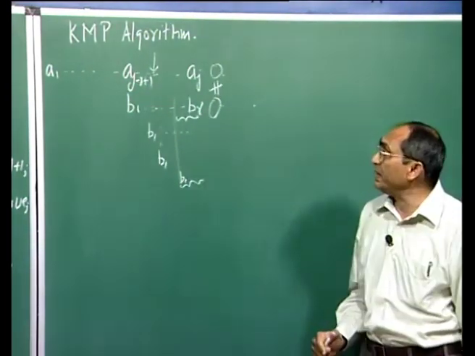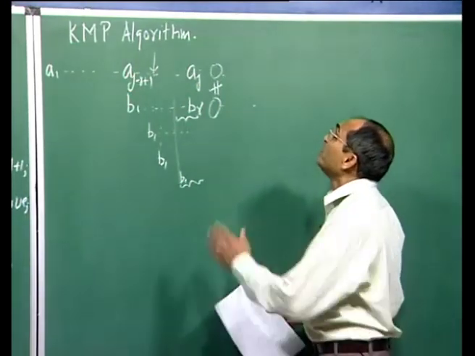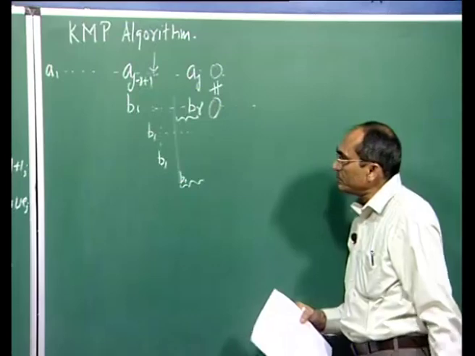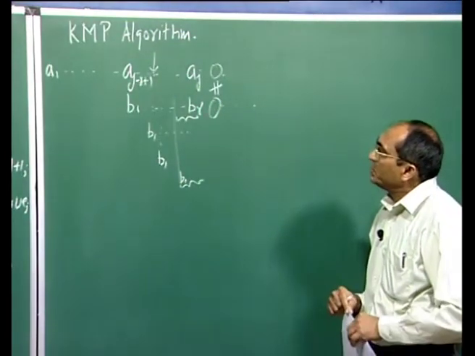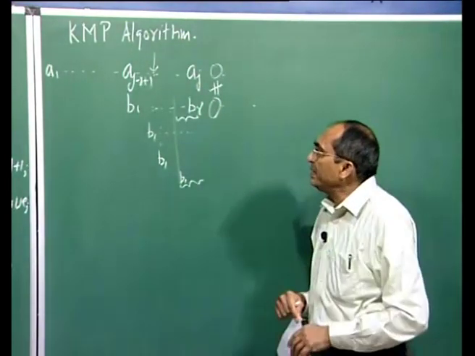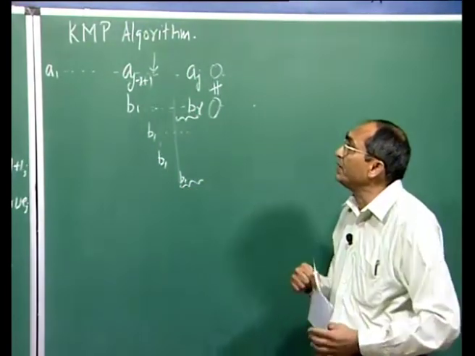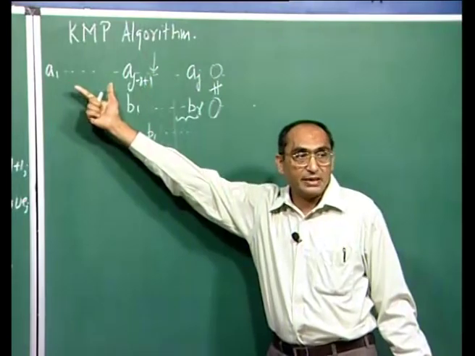If we do not find any of these, then of course we will have to move on and start searching from here. This suggests that we could do certain initial processing before we even begin with searching the text string.